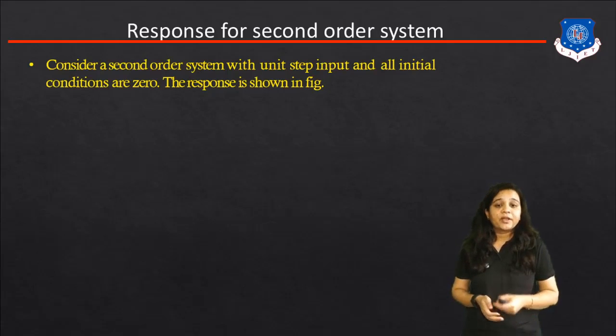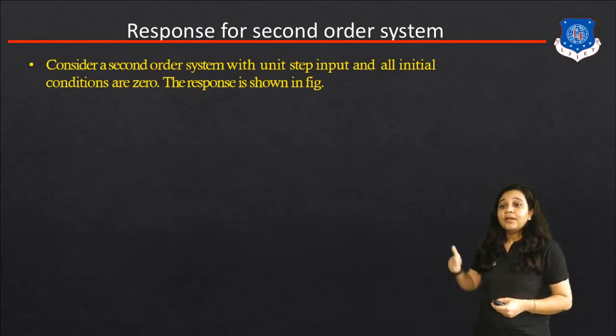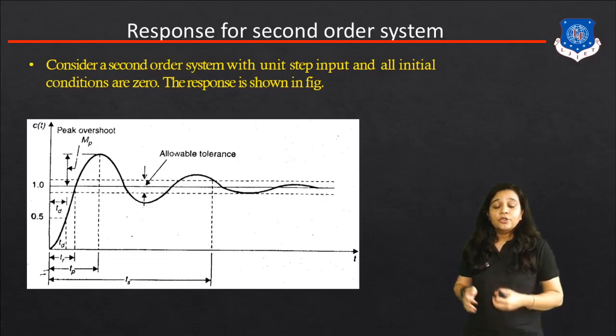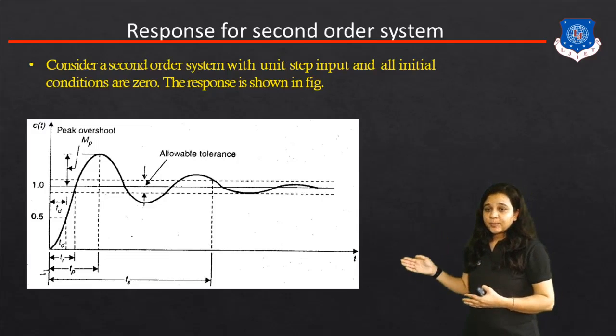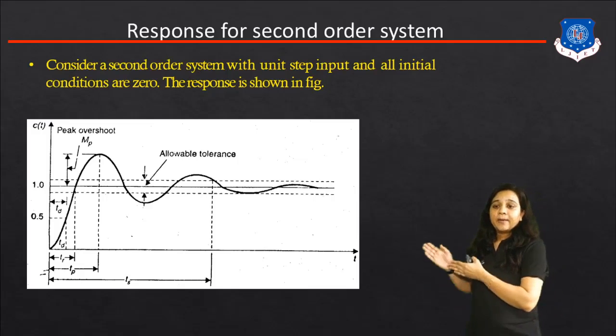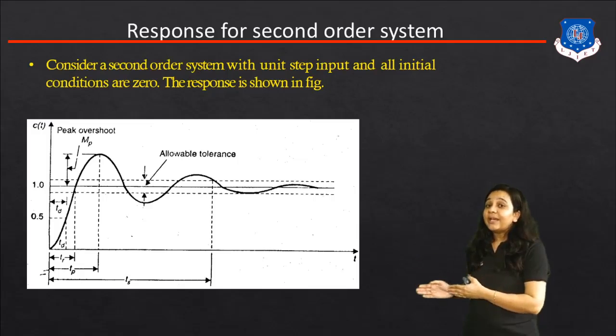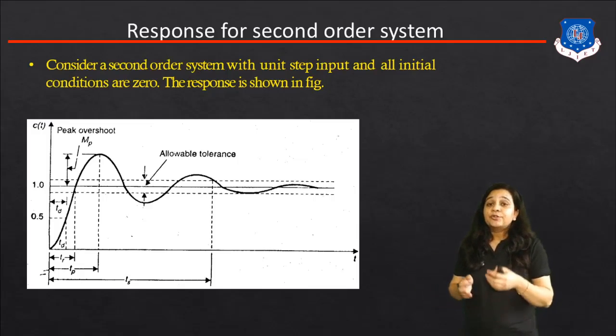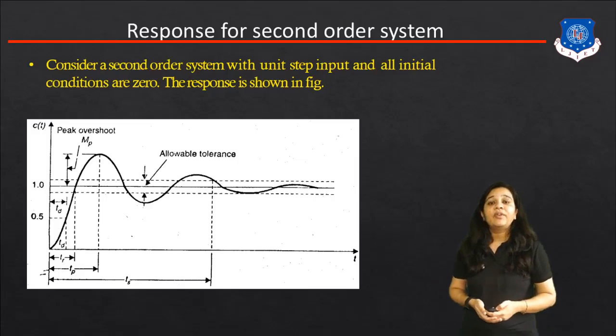In the last session, we considered a second order system with a unit step input, and we took all the initial conditions as 0, so we can get this type of response where we get the different parameters like peak overshoot MP, peak time, delay time, settling time, and rise time. Using these parameters we can find the system response for this particular system.